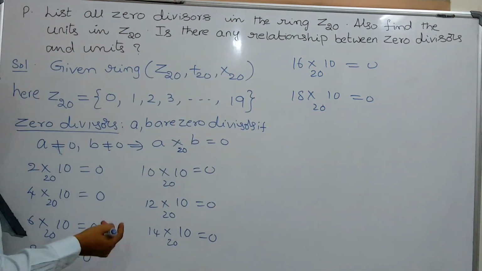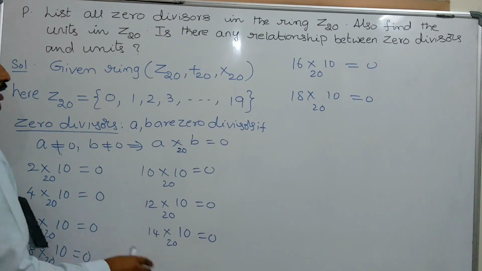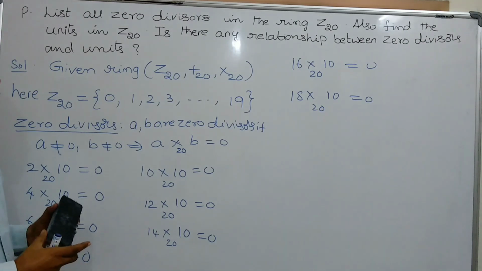From this calculation, you observe that 2, 4, 6, 8, 10, 12, 14, 16, 18 are zero divisors.